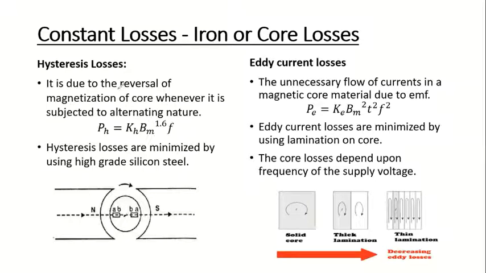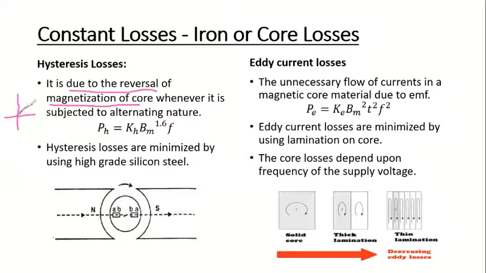Hysteresis loss is due to the reversal of magnetization of the core. We know the hysteresis curve. The sudden reversal of magnetization will never happen. If a magnetic core has gone to a saturation point, it will never easily come back to the initial position.